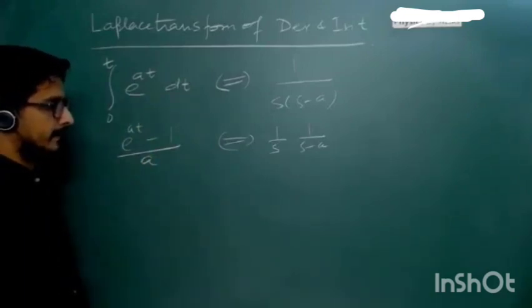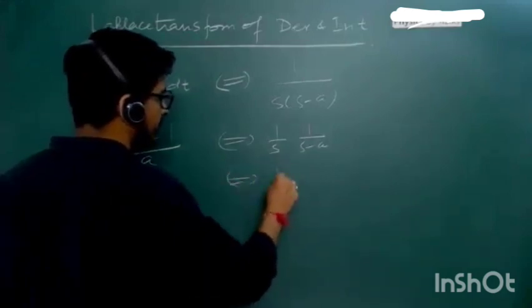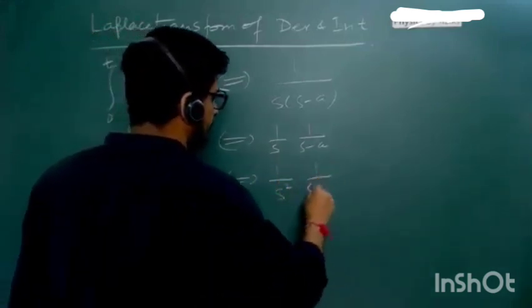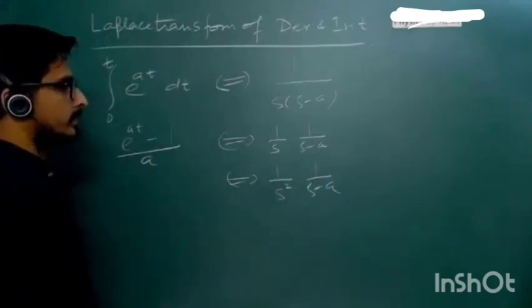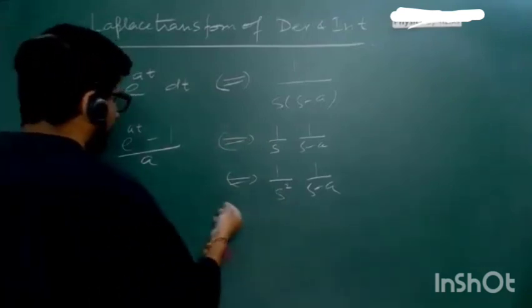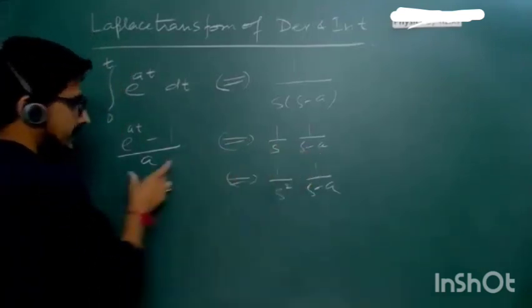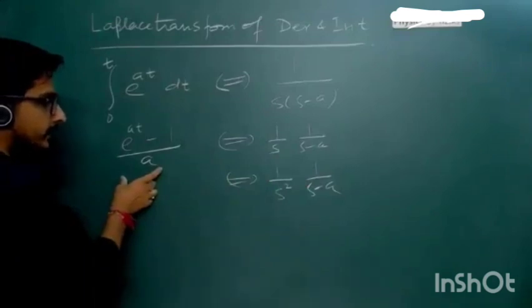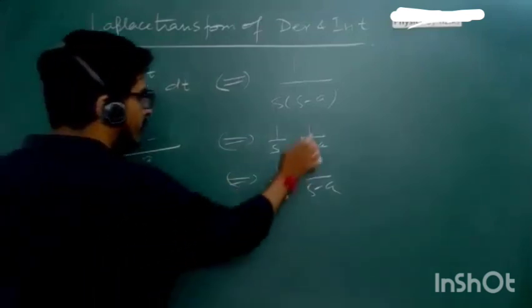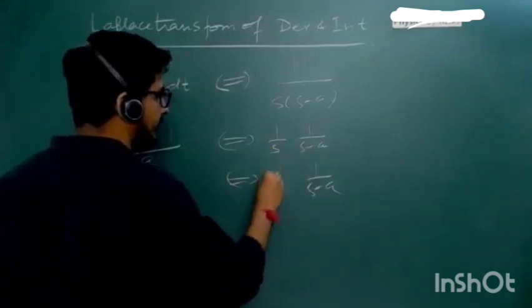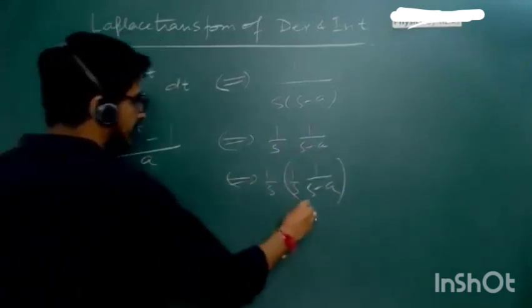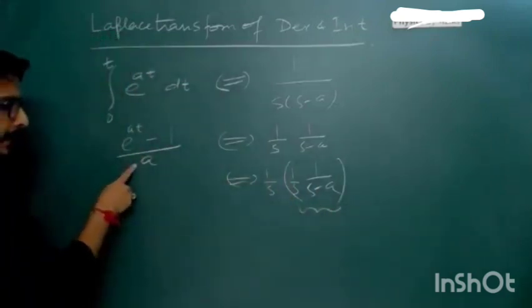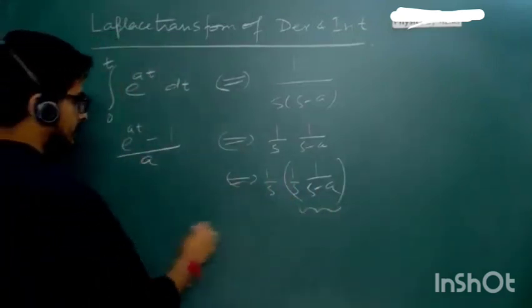Yes? Now suppose on this side it is 1 over s square. So what will I do? I have 1 by s, which is already there. Now one more time 1 by s has come. This much we have already completed, and its inverse Laplace is written here. Now for this, what will happen?